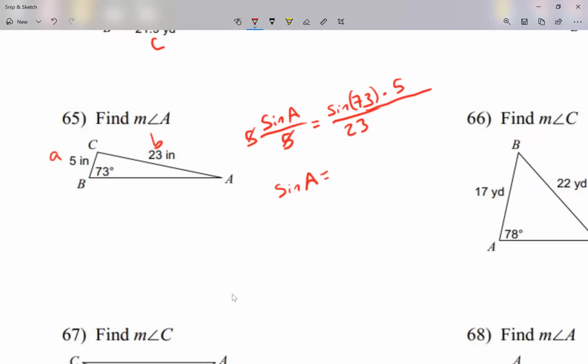So sine of A is equal to 0.2079. Because I'm not done, I'm using 4 decimal places.